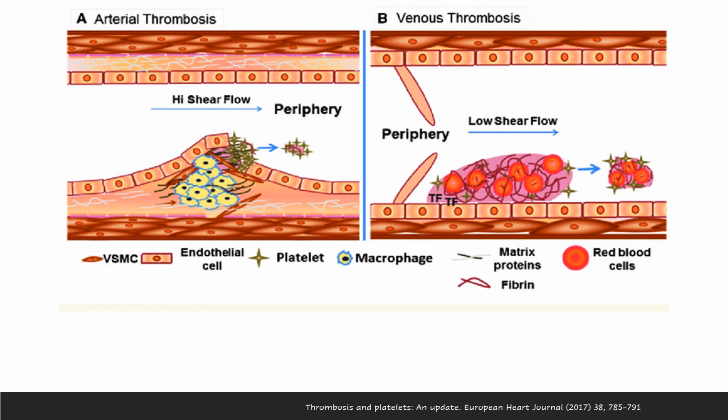Okay, so this diagram illustrates arterial thrombosis and also venous thrombosis. In arterial thrombosis, there are more platelets and also macrophages that accumulate together, while in venous thrombosis you see more red blood cells.